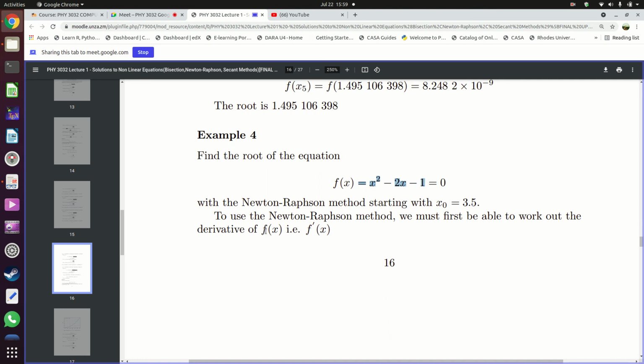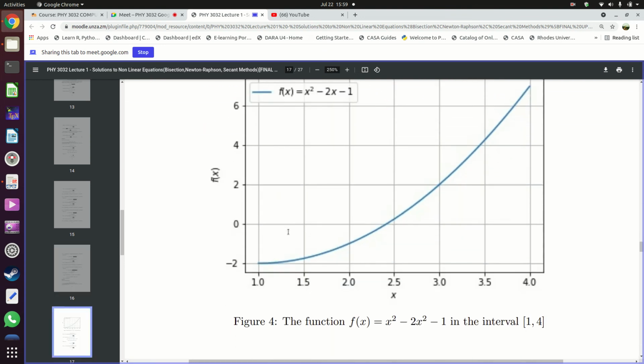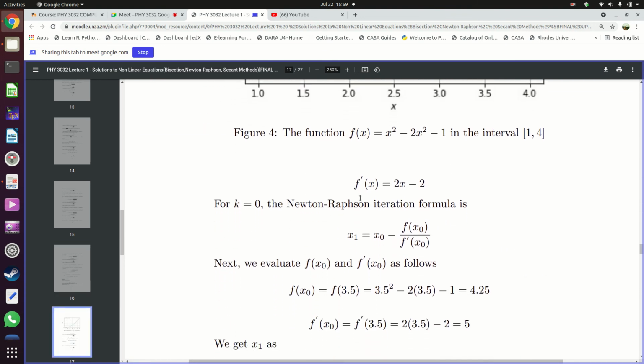So, since we can easily differentiate our function f of x, we're going to work out the derivative. The derivative of f of x, the function x squared minus 2x minus 1, this bit is not there, so we end up with 2x minus 2. So this is our derivative.